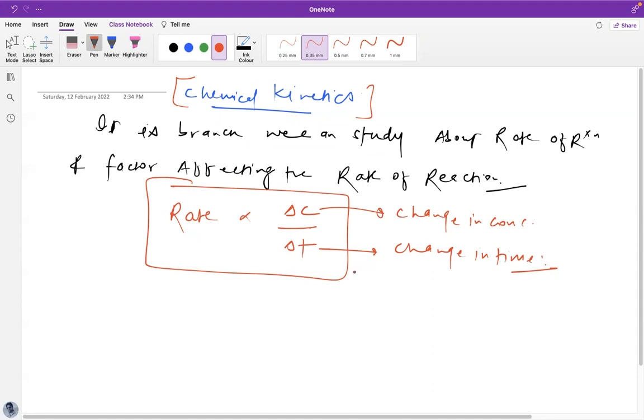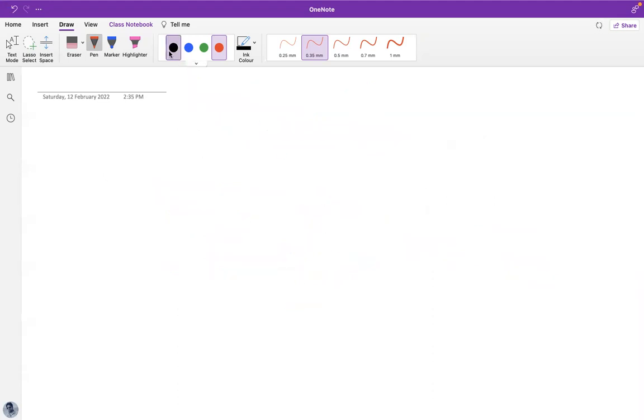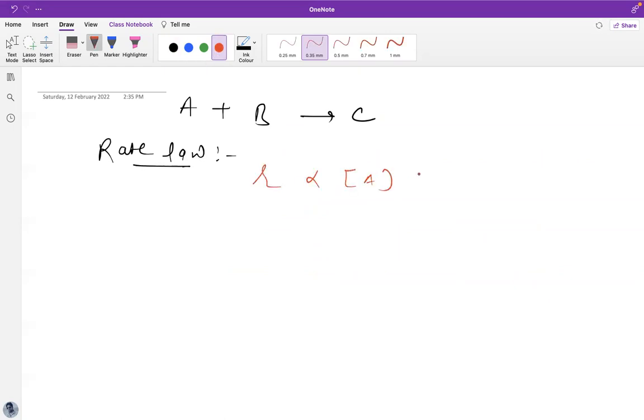And now we can move to the rate law. Suppose we have a chemical reaction A plus B going to C. And what is the rate law? The rate law says the rate depends on the concentration of reactants.